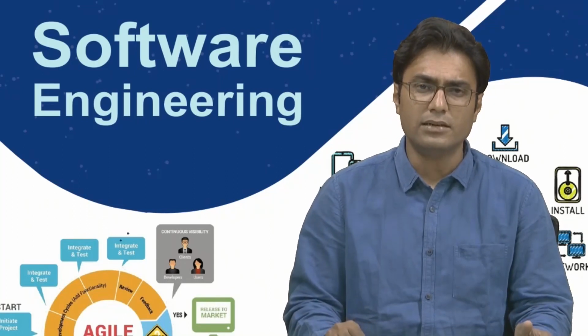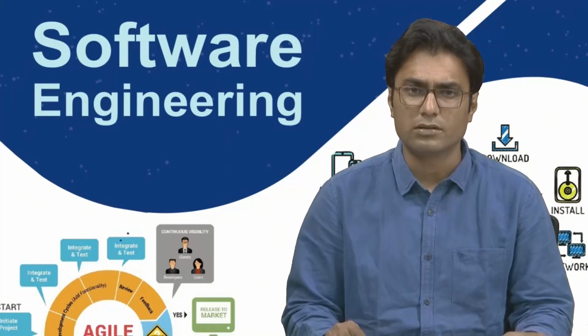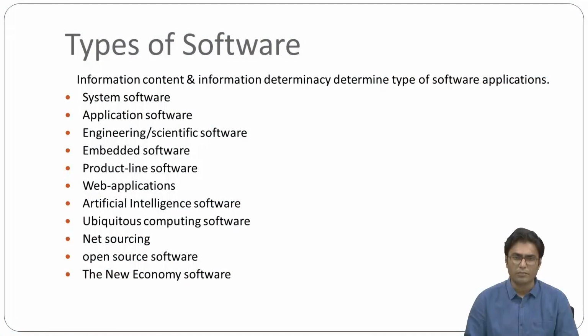Now let's see types of the software. So information content and information determinacy determine type of software applications, like system software. Then we have application software, as you can see on your screen.